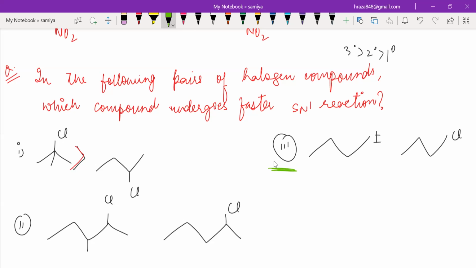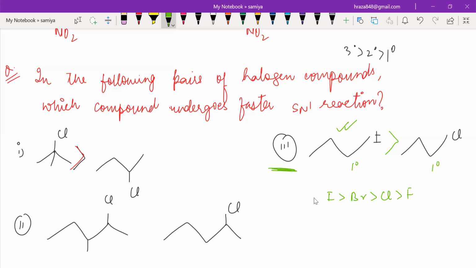First tell me. Sir, what's that letter? I don't understand it. The third one, yes, sir. You can see both are 1 degree, 1 degree. So we will go for the best leaving group. Iodine is the best leaving group, then bromine, then chlorine, then fluorine. So this alkyl halide with iodine will be more reactive.